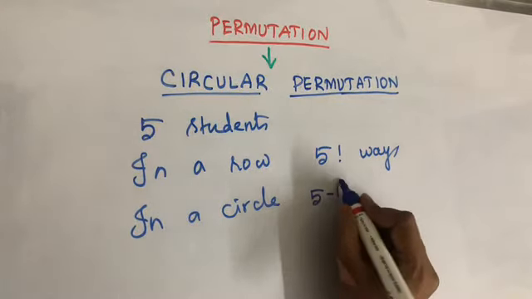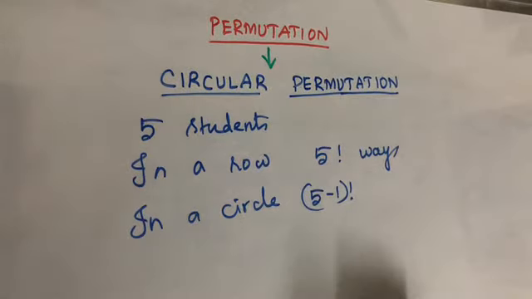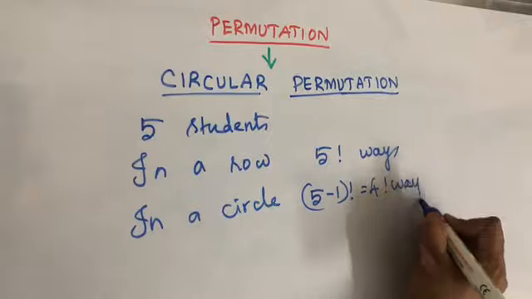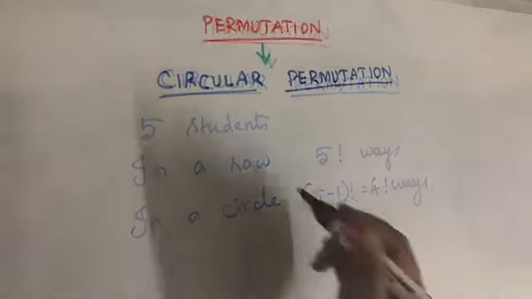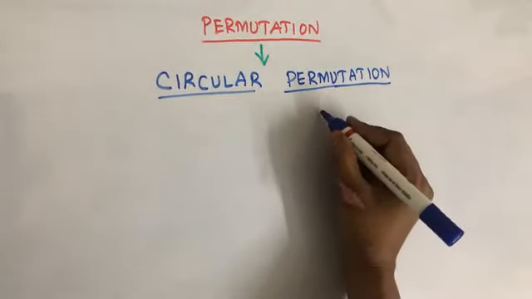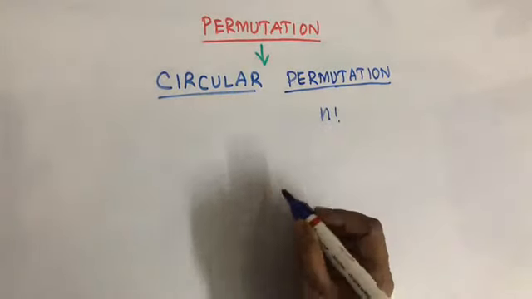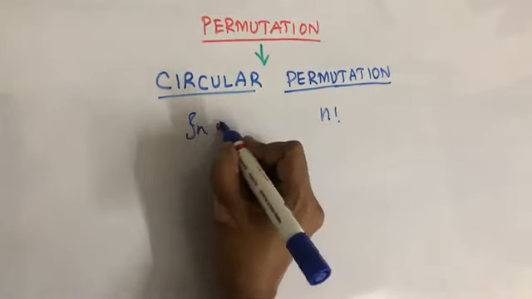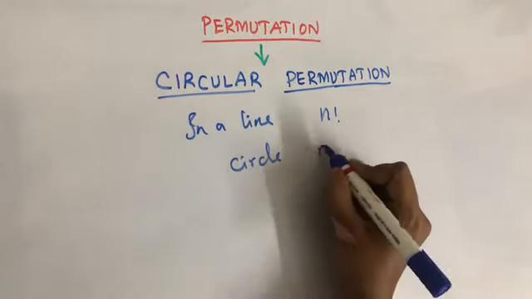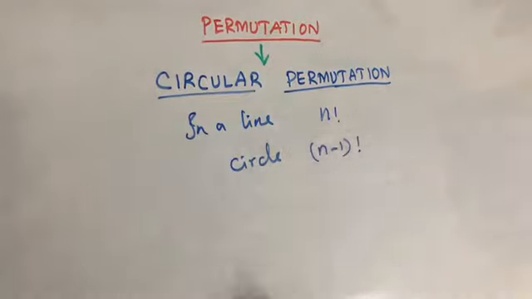So 5 minus 1 factorial, that is 4 factorial ways to arrange them in a circle. So in a row, I have n factorial ways to arrange them in a line or row. To arrange them in a circle, I have n minus 1 factorial ways.